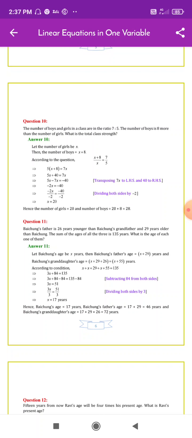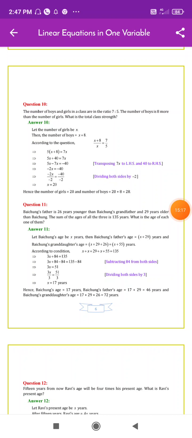Now go to question number 10. Question number 10 is about the number of boys and girls in a class in the ratio. Okay, so now go to question number 11. See here, we divide both the sides by 2, in 2x upon 2, so x will become 20.